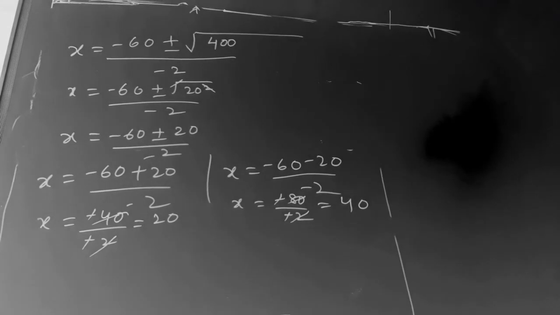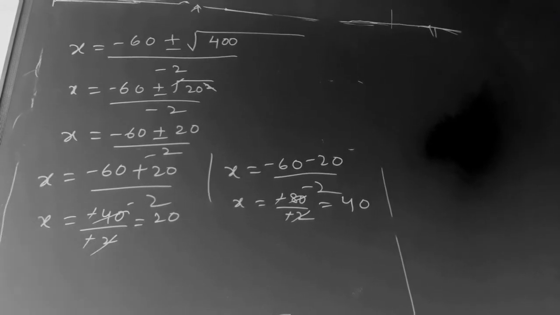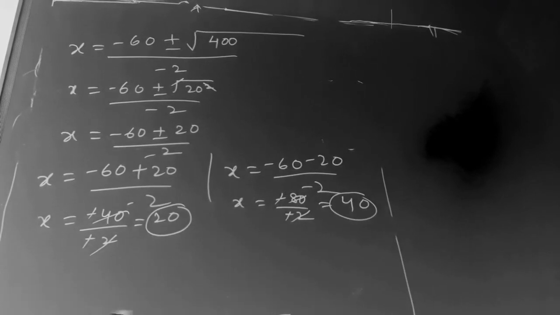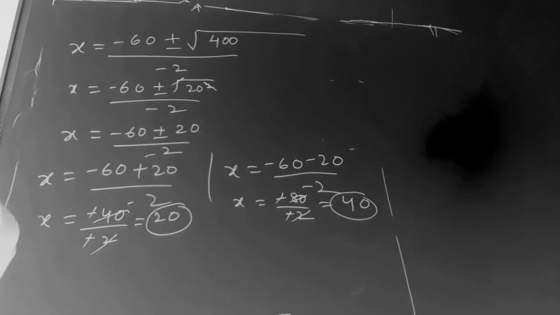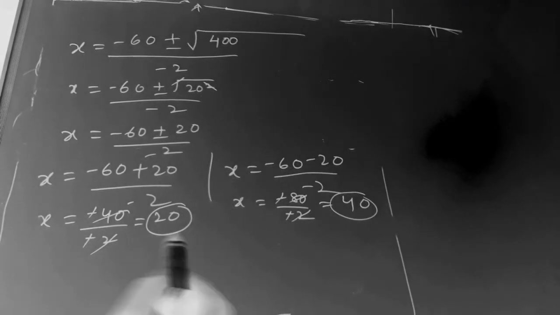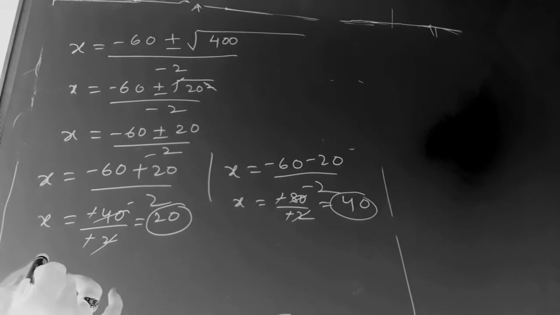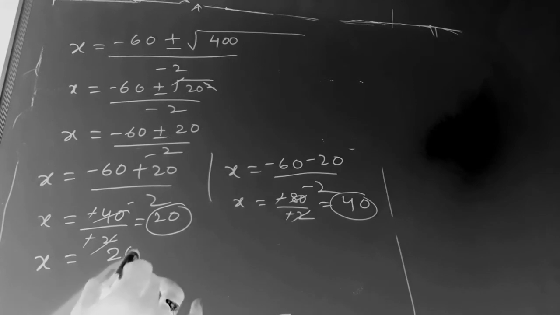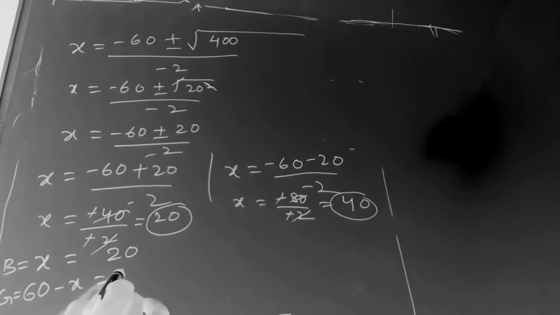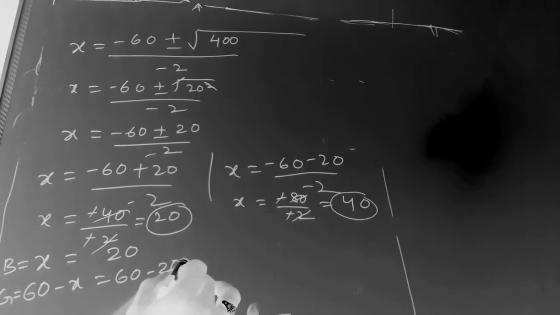So here we have two answers: x is equal to 20 and x is equal to 40. If the number of boys is 20, the girls will be 40. If the number of boys is 40, the girls will be 20. For example, if there are 20 boys in a classroom, boys is x and girls is 60 minus x, so 60 minus 20 is 40 girls.